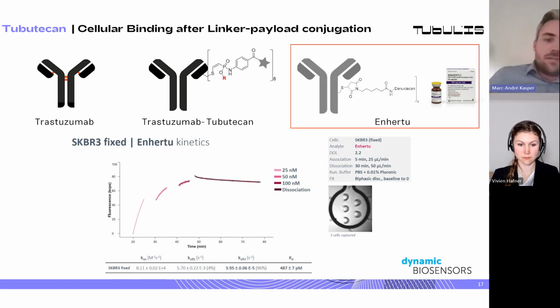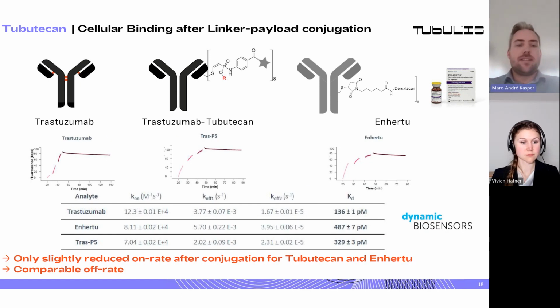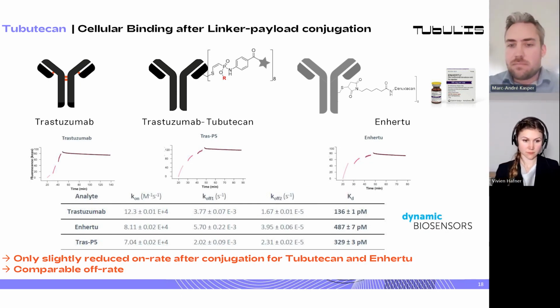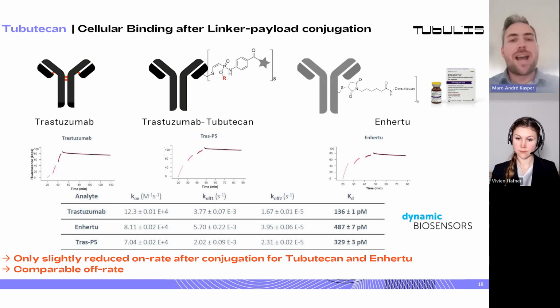This time we only looked at fixed cells, and when we compare all these 3 conjugates, we see that the conjugation has some influence, but it's very minor on the binding affinity of the antibody.